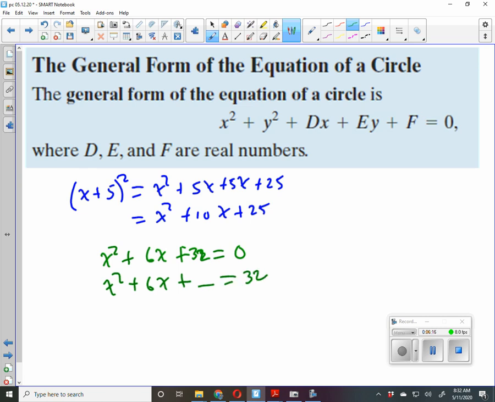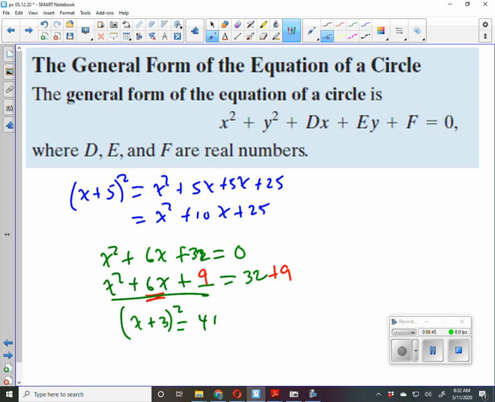To complete the square, we take half the middle term squared, which is 9. If I add 9 here, I have to add 9 here, which gives me a perfect square over here. (x plus 3) squared equals 41. So we're going through a process here where we're going to complete the square.